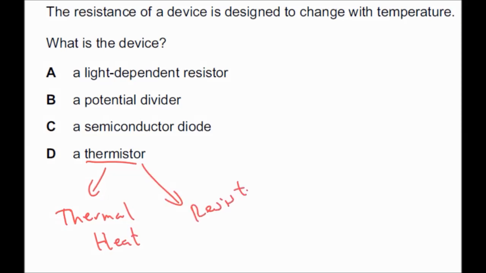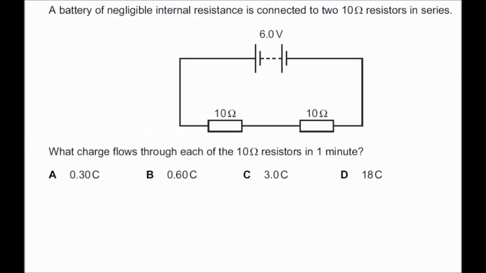A battery of negligible internal resistance is connected to 2 10 ohm resistors in series. What charge flows through each of the 10 ohm resistors in 1 minute? Well, if we've got 10 and 10, the total resistance is going to equal 20 ohms.